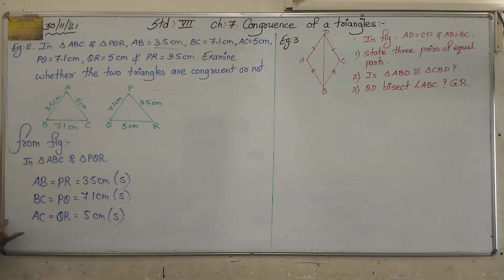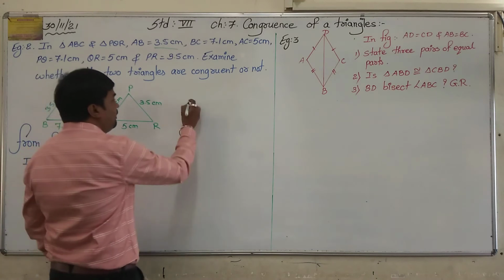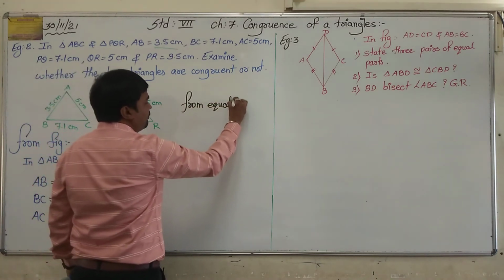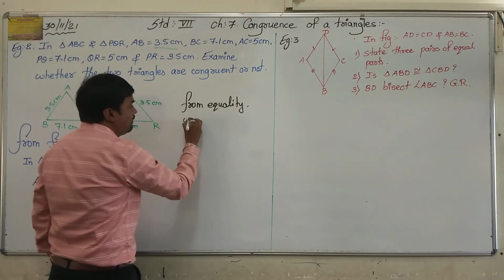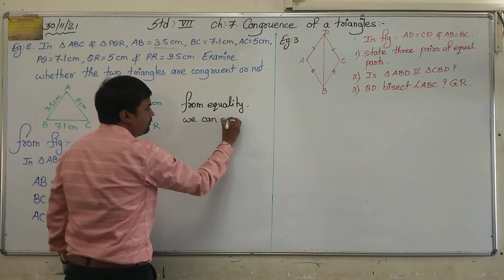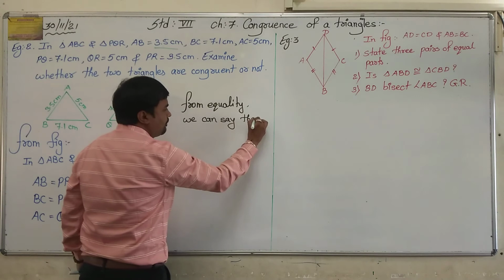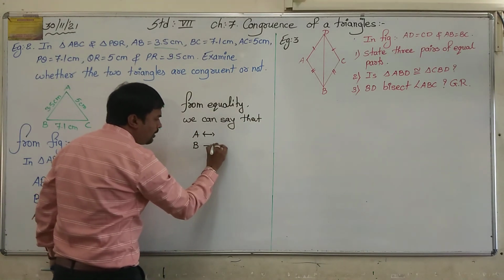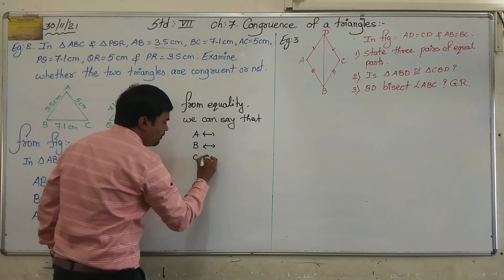Now from this equality, we can write the correspondence. From this equality, what can we write? The correspondence. So from equality, we can say that A corresponds to, B corresponds to, C corresponds to.